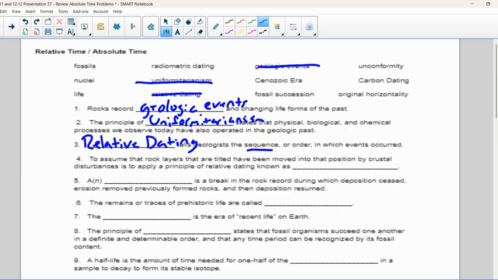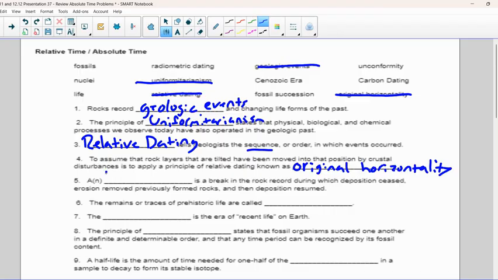To assume that rock layers are tilted, have been moved into that position, that is going to be original horizontality. So rocks were laid down flat and then they got tilted up from some geologic process.